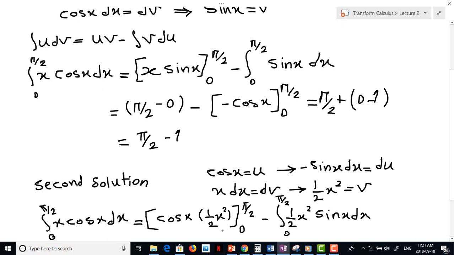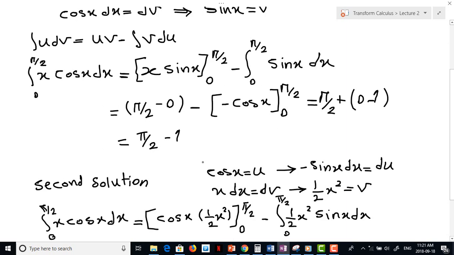If you look at this integral, we wanted to solve the integral of x cosine x dx, but we ended up with half x squared sine x dx. So it's another integral that we cannot solve without using integration by parts again. As a result, by choosing u equal to cosine x and dv equal to x dx, we never end up with the solution.